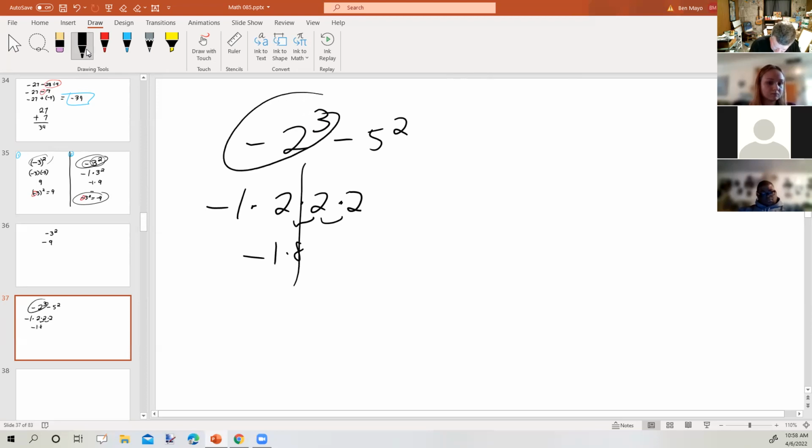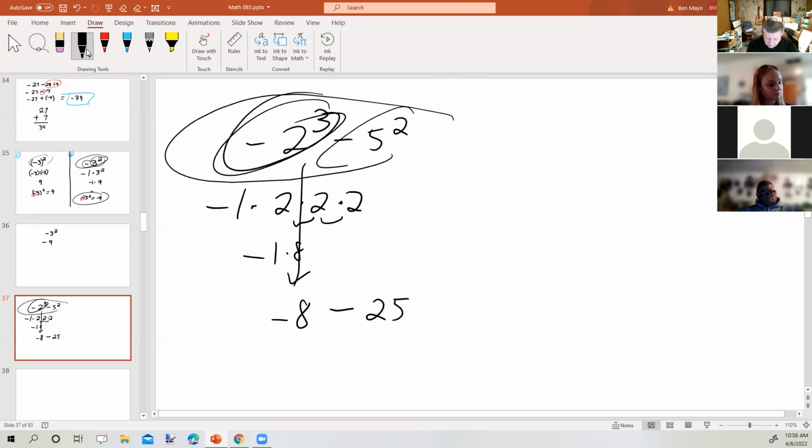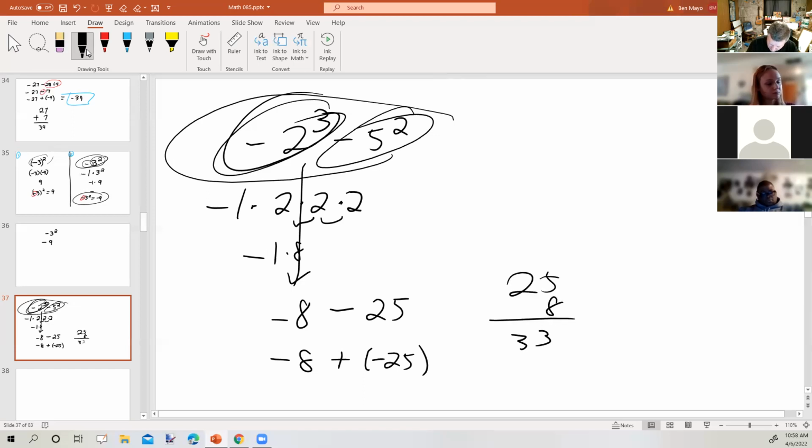So basically this is -8. Minus 5 squared, which is 5 times 5, which is 25. So in neither of these is the negative sign included as part of the base. Well, now -8 minus 25 becomes -8 plus -25. Subtracting a number is like adding its opposite. We're adding two numbers with the same sign. So we're going to attach the common sign. Final answer, -33.